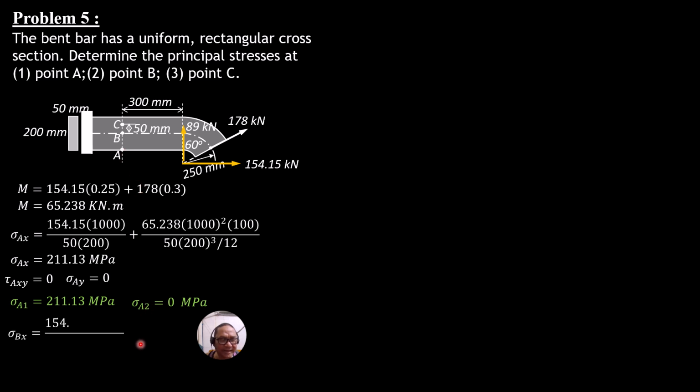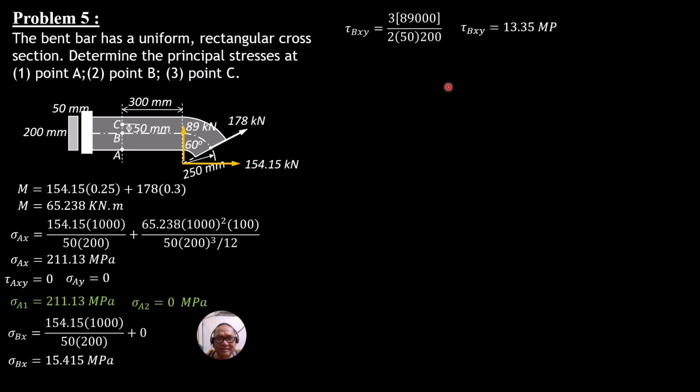So sigma Bx is 154.15 times 1000 over 50 times 200 plus 0 for bending. So 15.415 megapascals, while shear is 3 times the maximum shear, which is 89,000 newtons, divided by 2 BD, or 2 area. So 3 times 89,000 divided by 2 times 50 times 200. So tau Bxy is 13.35 megapascals.